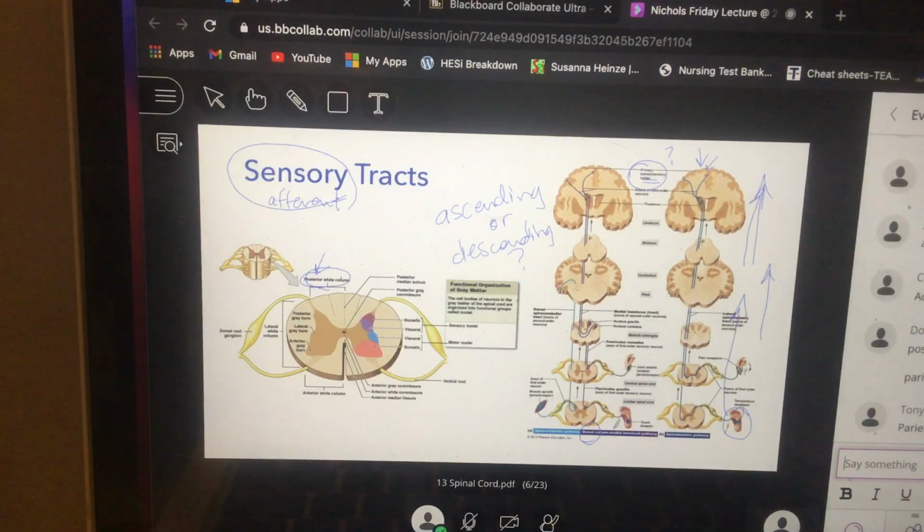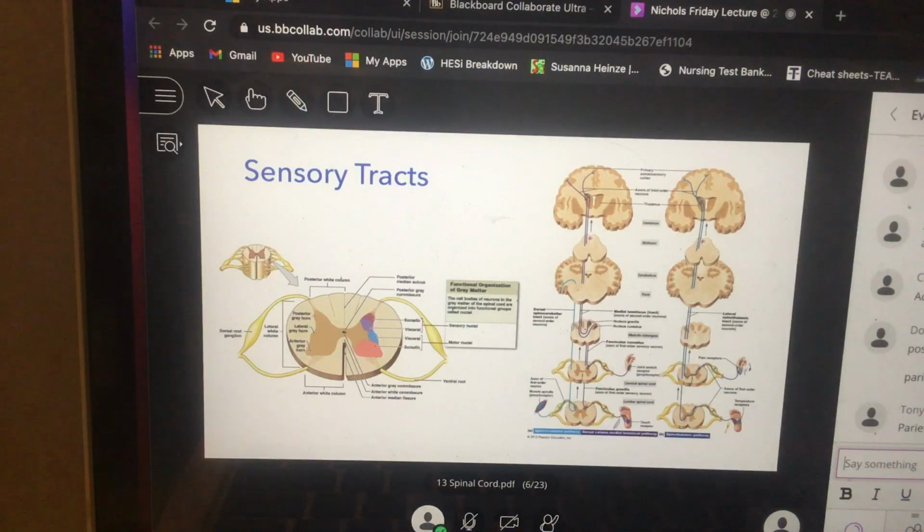So in which part of the spinal cord are tracts found? White matter. How are they named? Let's just say they are mostly named start, end.